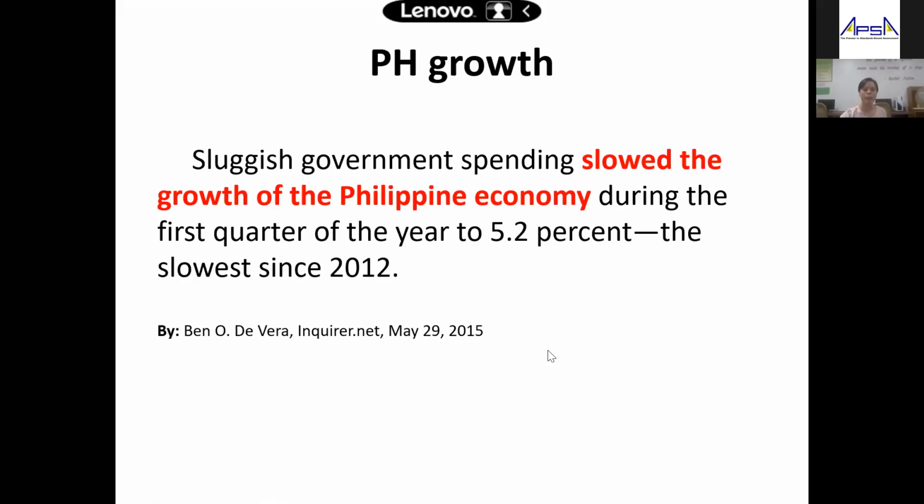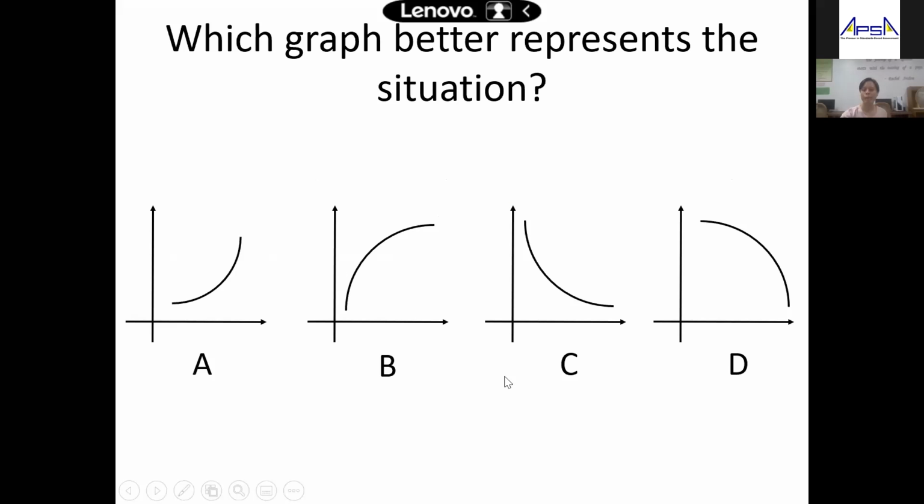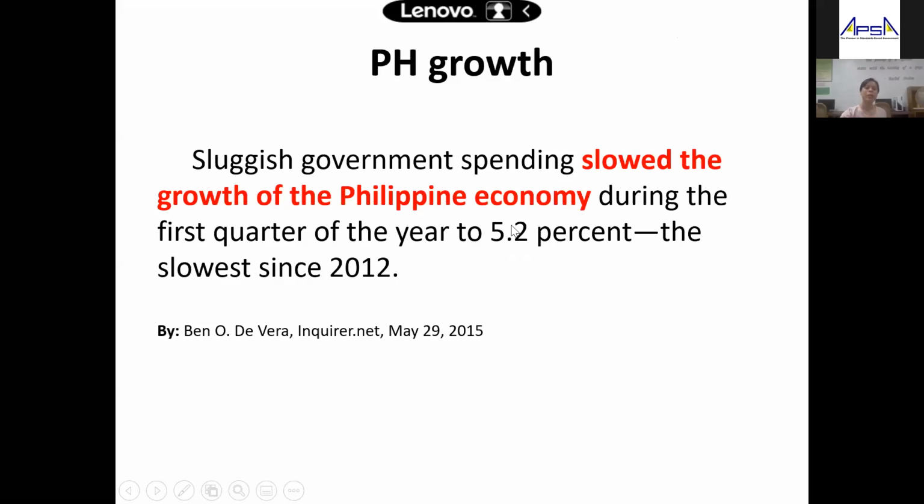This is from a newspaper. Okay. Sluggish government spending slowed the growth of Philippine economy. So imagine nyo, the spending slowed the growth of the economy during the first quarter. So if I present to you these graphs, which graph do you think will represent the growth of the Philippine economy? Balik tayo. Slowed the growth. Pag sabing slowed the growth, nag-grow pa ba siya?